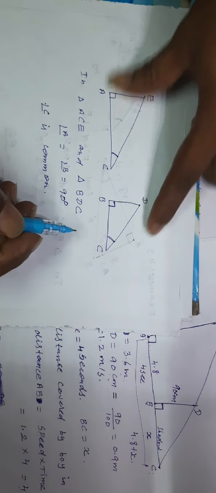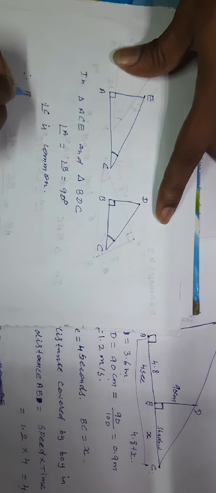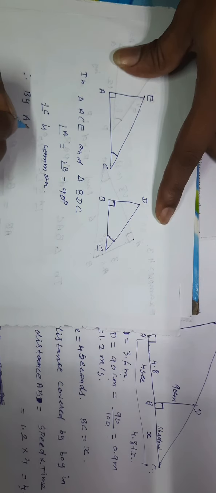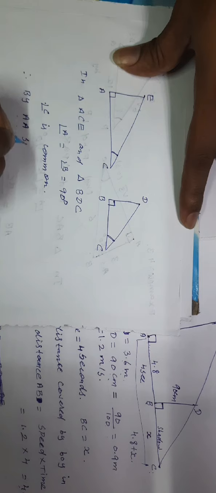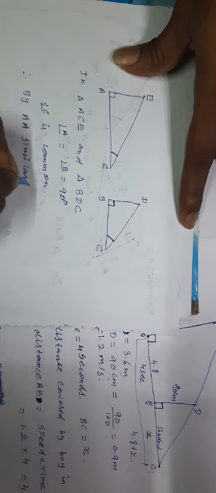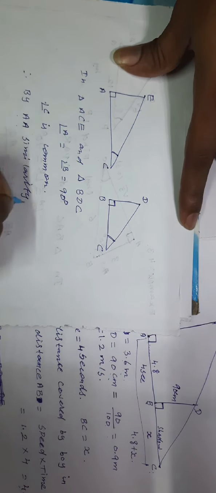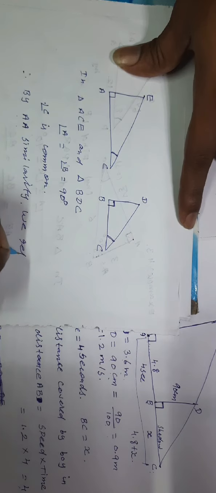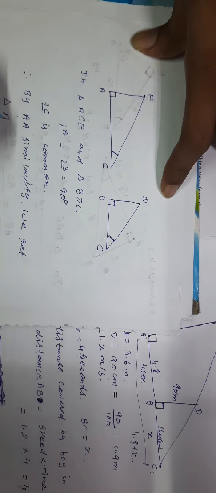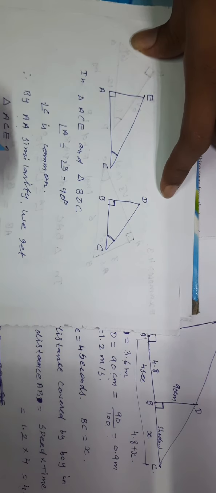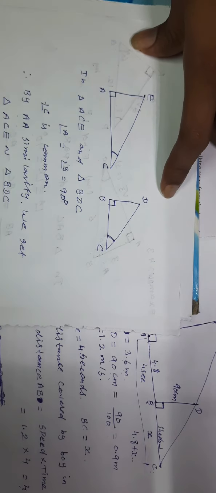So two angles are equal, therefore by AA similarity, we get the two triangles are similar. So triangle ACE is similar to triangle BDC.